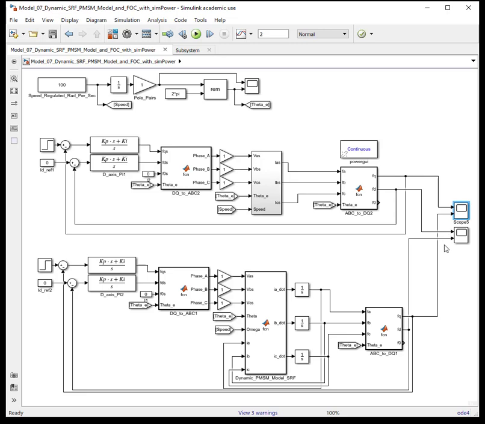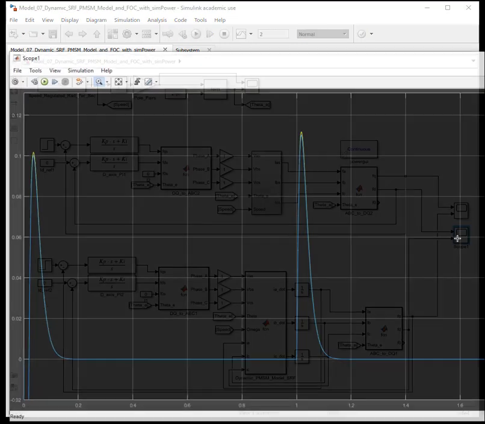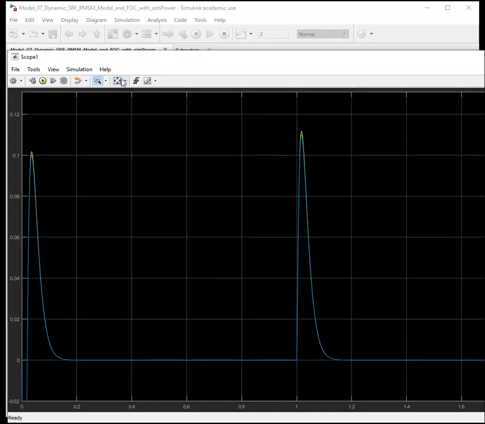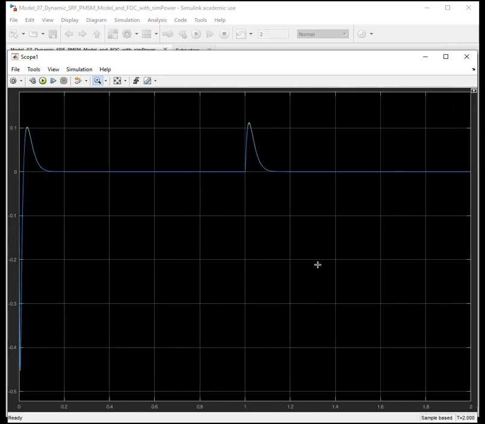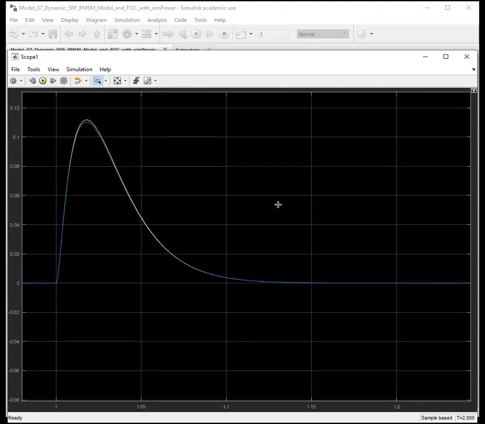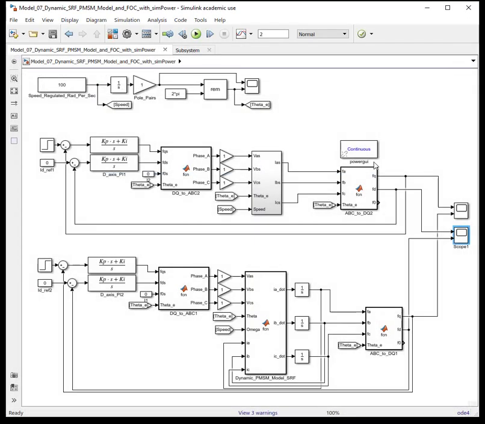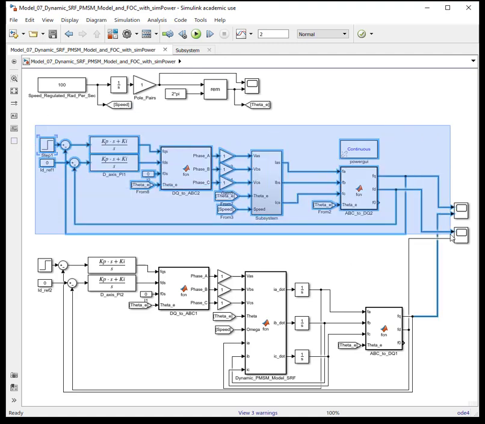That's our Q-axis current, and the D-axis current shows a similar response here, with slight differences, but that's acceptable. So you have a good representation of the PMSM model using the simPower toolbox.